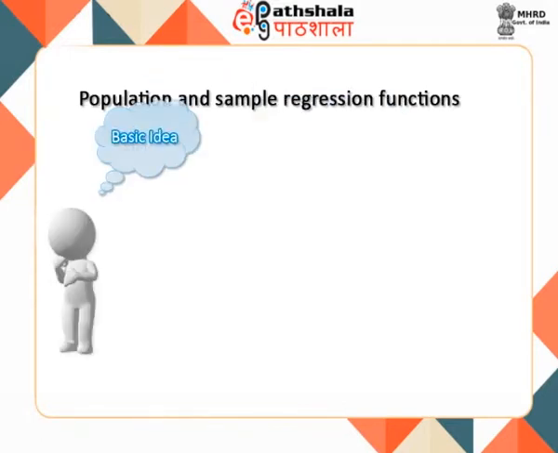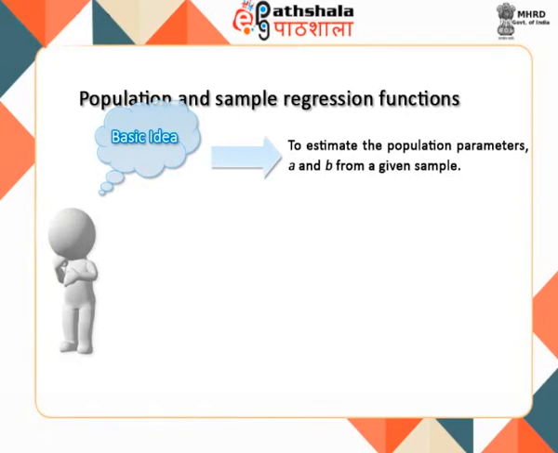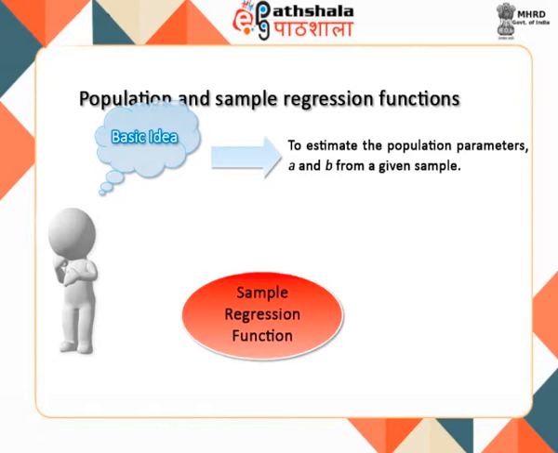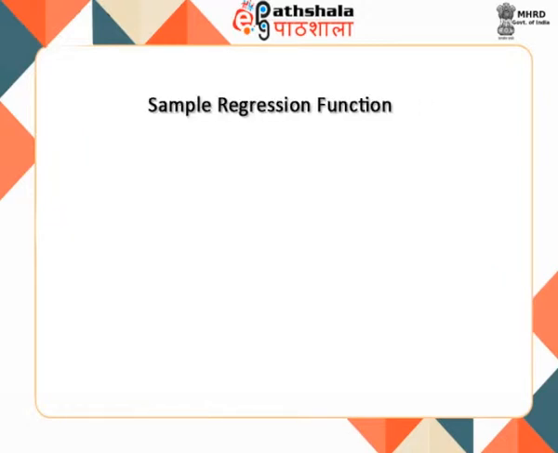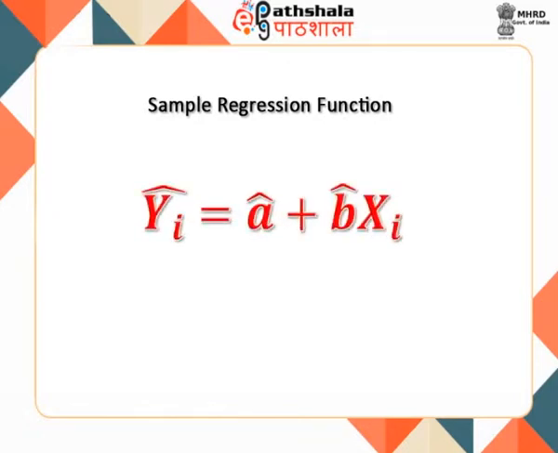The basic idea of the regression model is to estimate the population parameters a and b from a given sample. The sample regression function, SRF, is the sample counterpart of the population regression function, PRF. Since the SRF is obtained for a given sample, a new sample will generate different estimates. The SRF, which is an estimation of the PRF, is given by y cap i is equal to a cap plus b cap xi, where y cap is read as y hat.